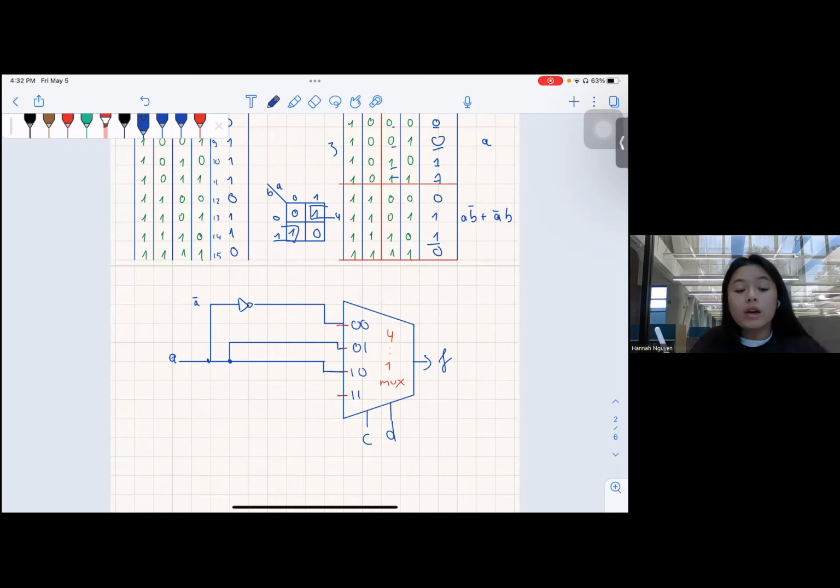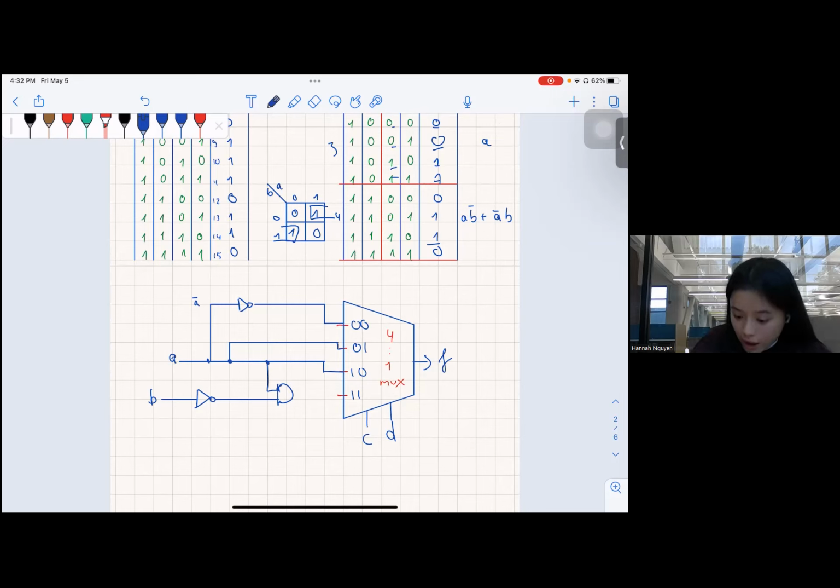And for when C is 1 and D is 1, the input has to be A and B negate, or A negate and B. This is a little bit more difficult to draw because now I have to use B as an input right here, and I have to negate it. This is A and B negate.